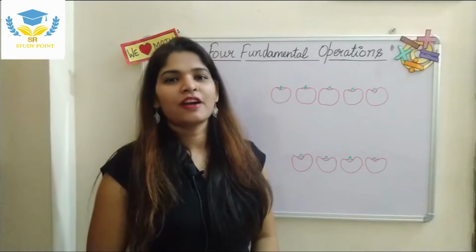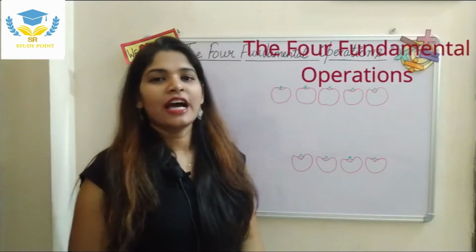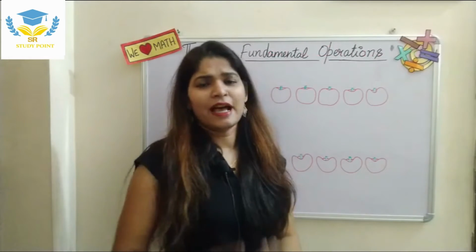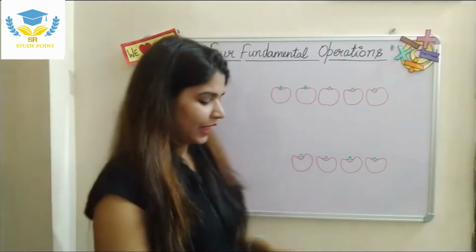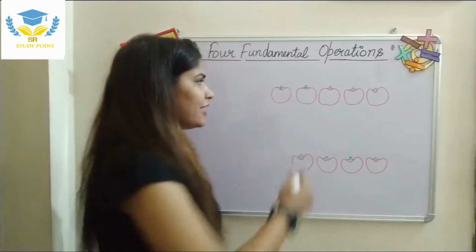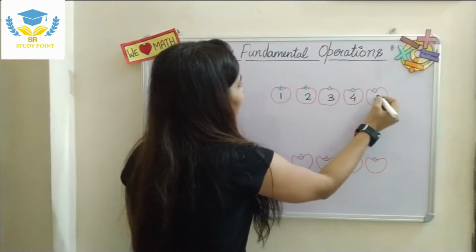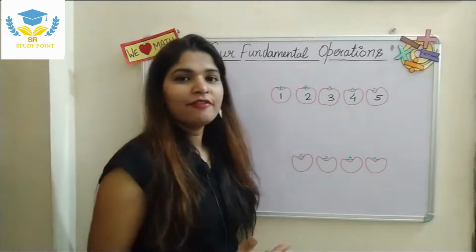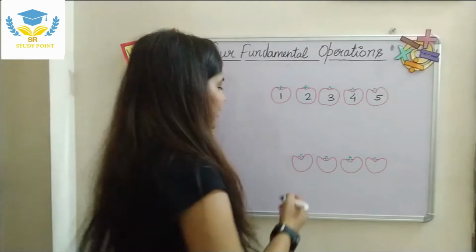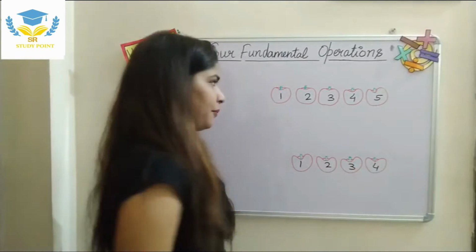So today's topic of the video is the 4 fundamental operations. So guys, let us go with an example first of all. Suppose I brought 5 apples, that is 1, 2, 3, 4 and 5. So I have 5 apples with me and my friend has 4 apples with him.